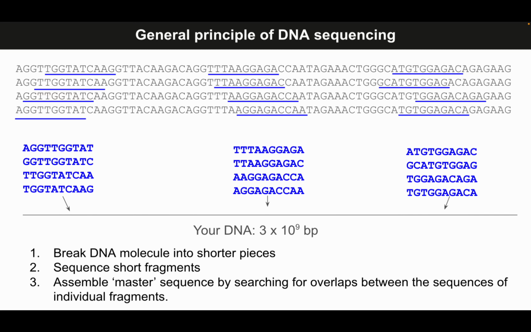Okay, you did not get what the problem is. So we have 3 billion base pairs. Okay, very long stretch, right? I want to figure out what is the individual sequence of this. What is the full sequence? Now, no technology can measure this in entirety at once.